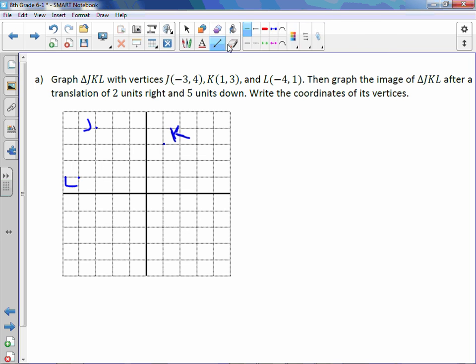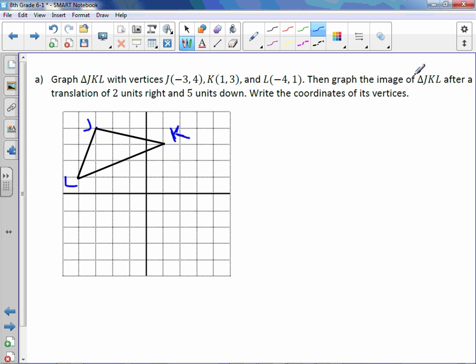From here, connect your dots, make your triangle. And there we have triangle JKL.